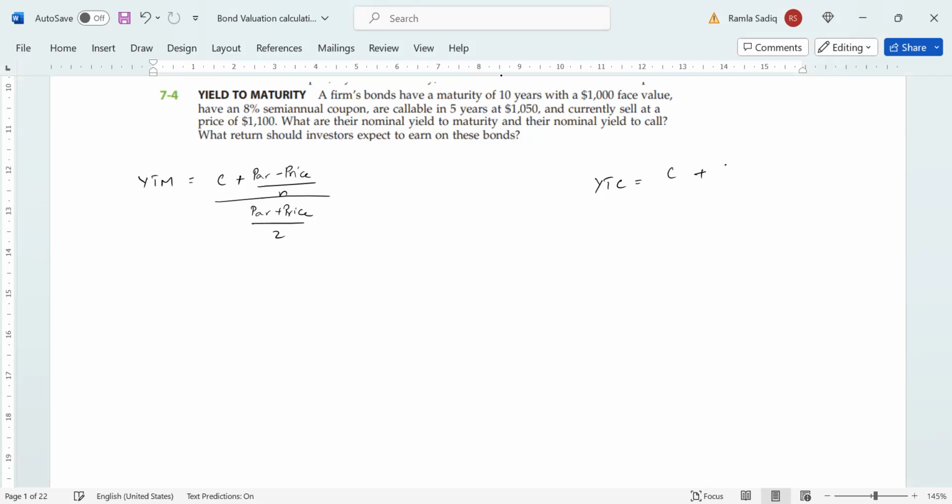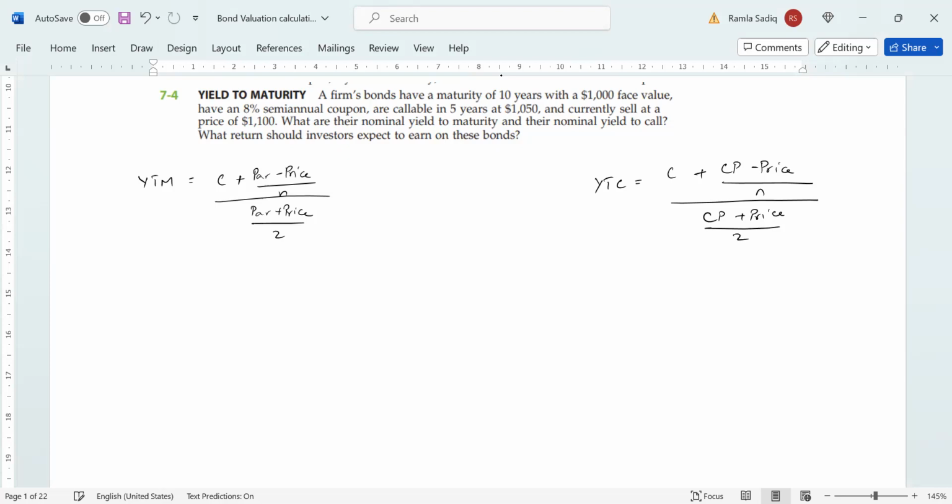And so that is going to be call price minus our current price. All of that is to be divided by time. In this case, N is time to call, not time to maturity. And of course, our call price plus our price averaged, divided by 2, for our denominator.